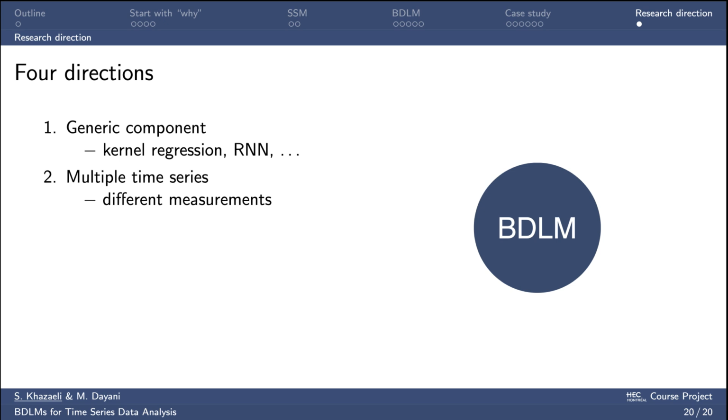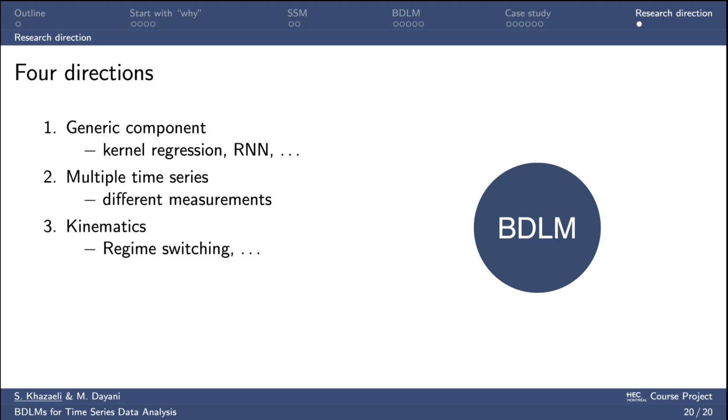The second direction is related to multiple time series. We have situations where we might collect different measurements from the same system dynamics. For example, the sensors that we have on a bridge. We can extend the BDLM to create these dependencies between the different time series data.